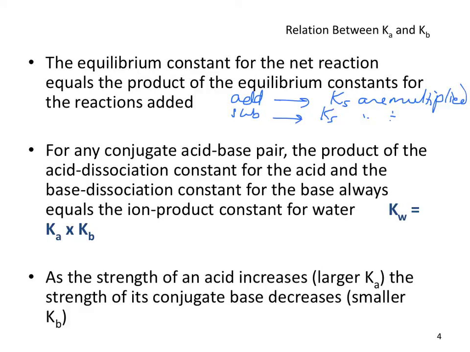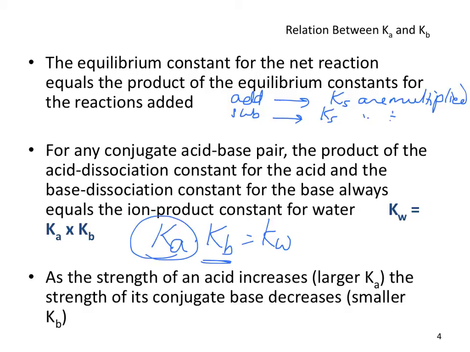Again, hopefully using this relationship, you can see what I said in one of the videos in the earlier part of the chapter, that if your acid is kind of strong, if this acid ionization constant is a really large value, then the Kb will automatically become a small number.